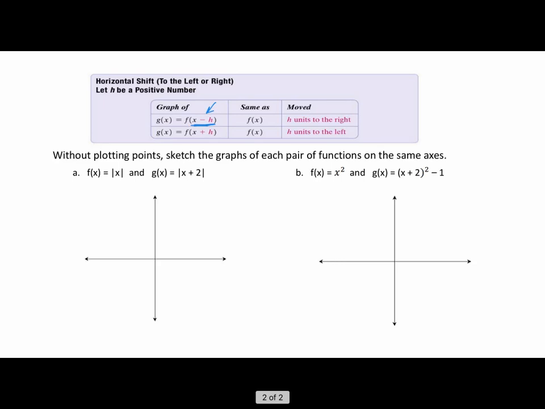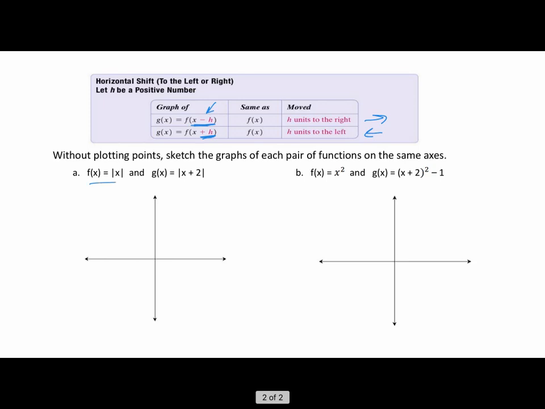So if you have subtraction, that's going to do the opposite of what you think it does. So these are affecting the x values. And this is going to go to the right that many units. If you have addition inside that basic function, then that's going to do the opposite. It's going to move to the left.